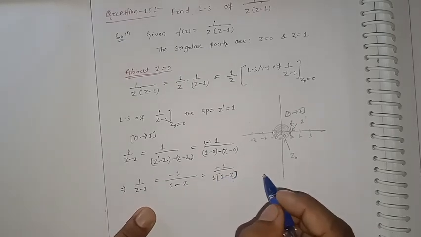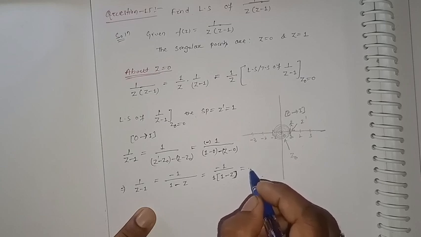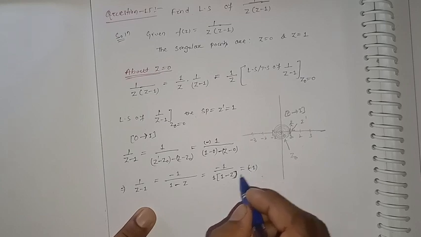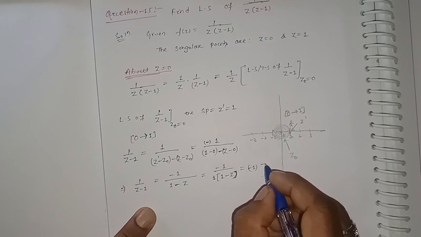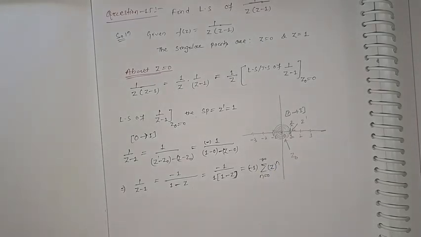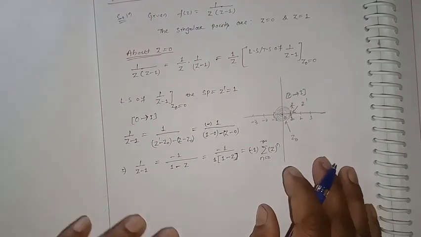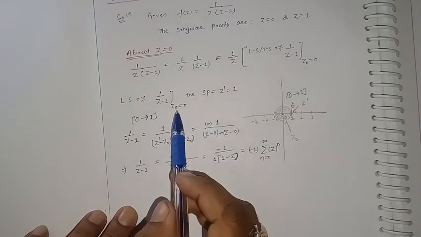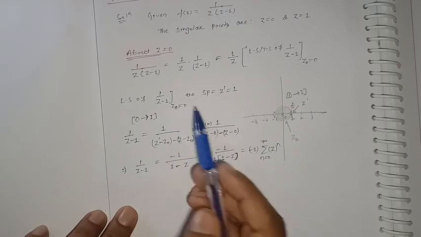So here, minus 1 by 1 minus z is nothing but summation n equal to 0 to infinity z to the power n. So the Laurent series of 1 by z minus 1 about z0 equal to 0 we found.